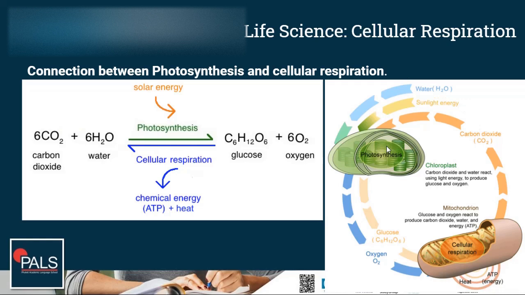Carbon dioxide and water combine. Light energy is given in to build up the chemical bonds and make a glucose molecule again that contains chemical energy. Again, this can happen in the same cell. Plant cells do both photosynthesis and respiration.